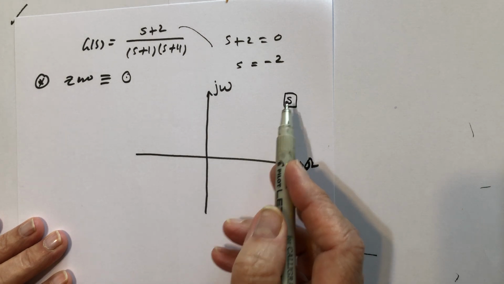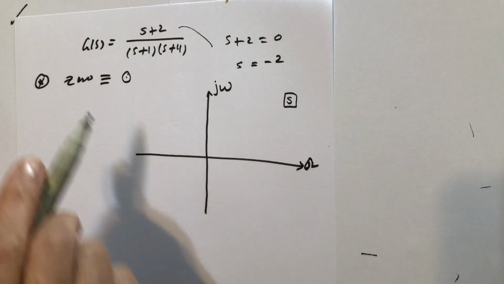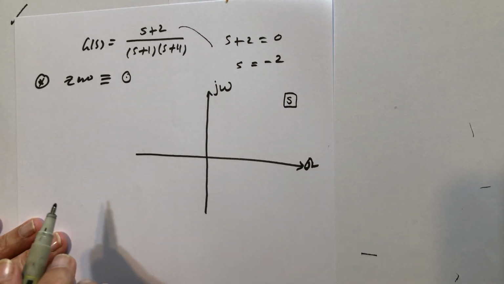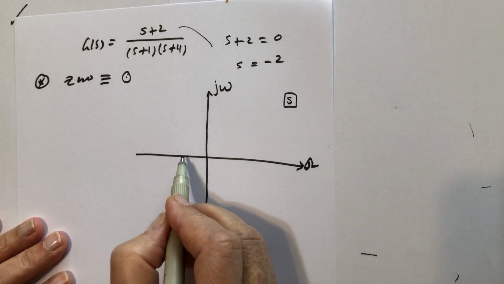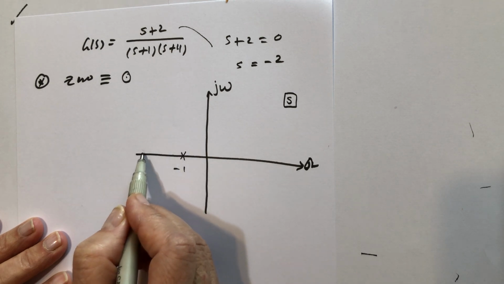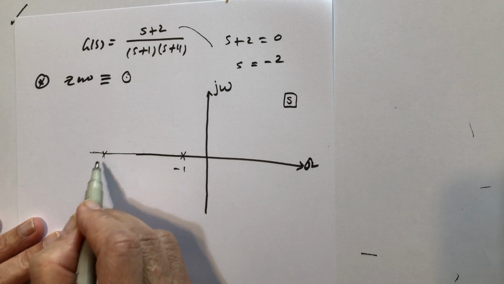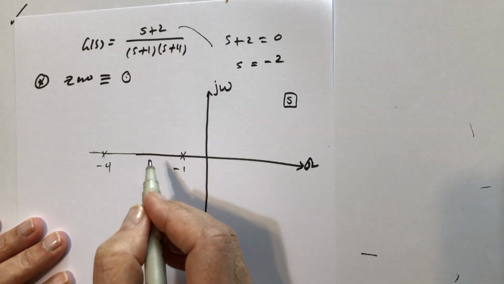If you put this, that means this is an S plane. Now if we represent this on the S plane, we say minus 1, minus 4, let's say go like that, minus 4, and we have minus 2.